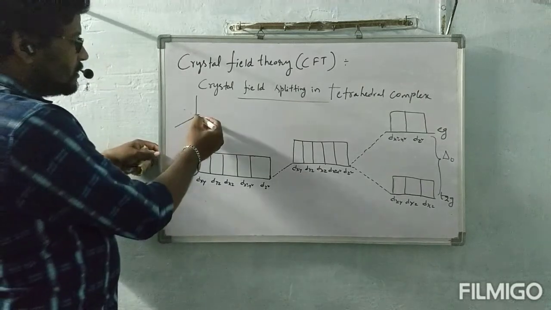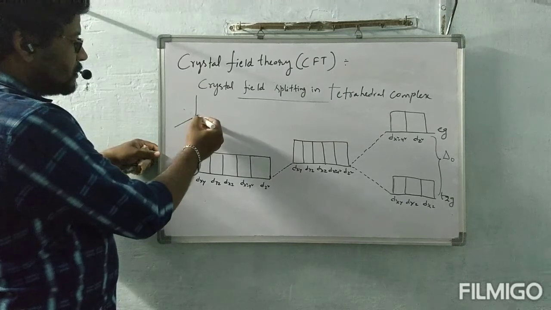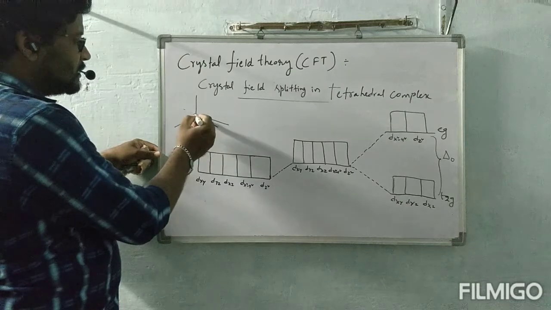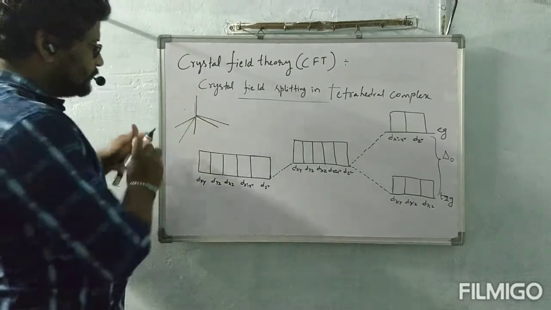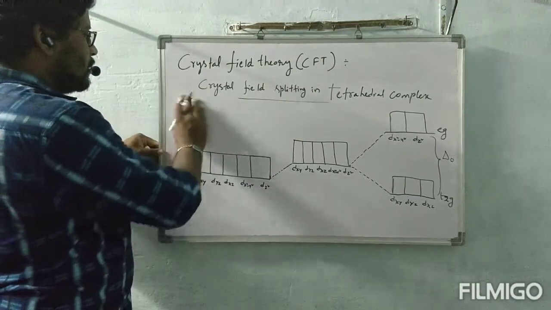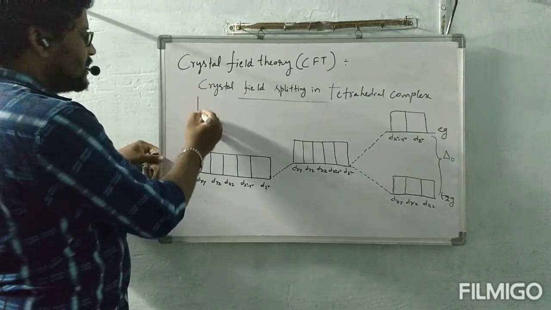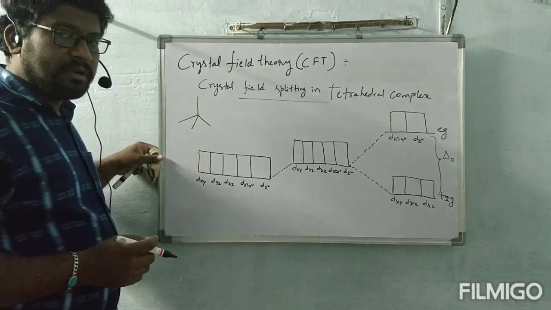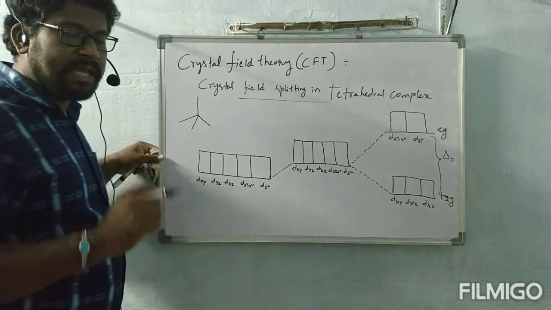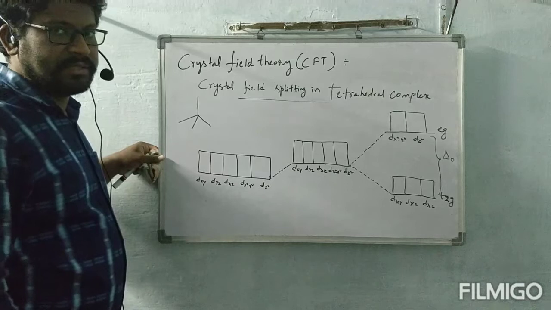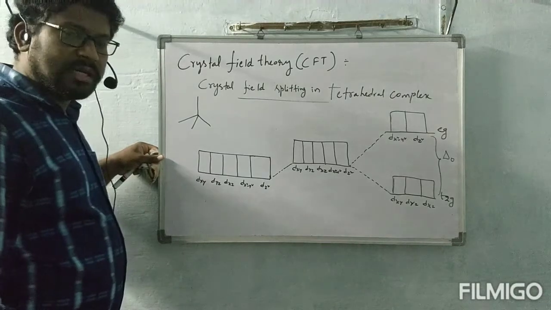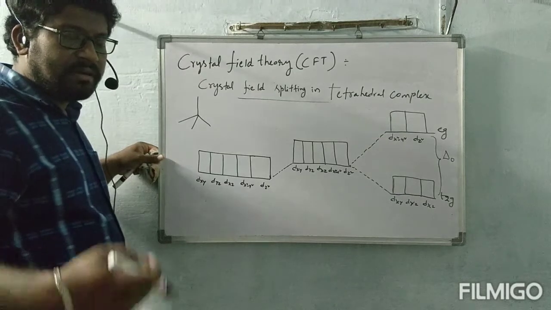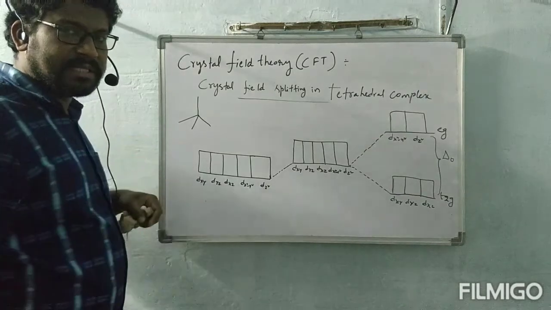Imagine this is the x-axis, this is the y-axis, and this is the z-axis. If you draw correctly, the tetrahedral complex will be formed when ligands approach in between the axes, not along the axes. The angle is 109 degrees 48 minutes. To maintain that angle, the ligands will approach in between the axes.